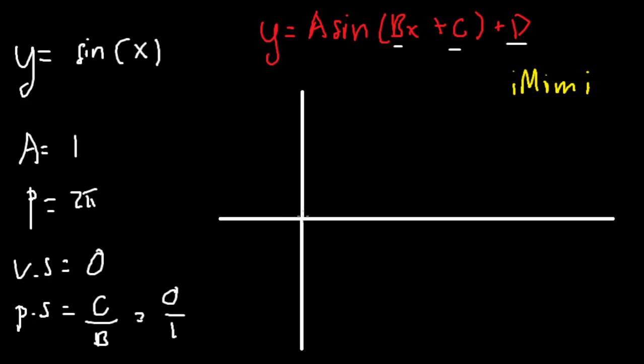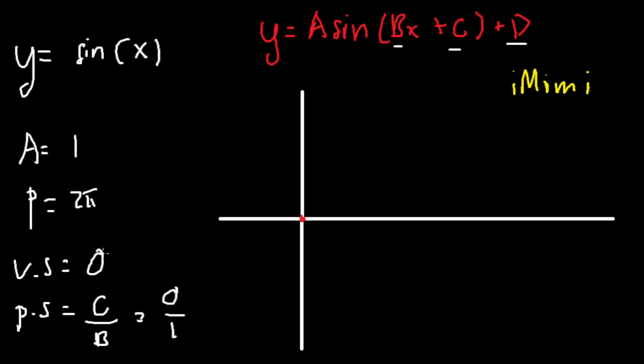So, what are the maximum and minimum? Basically, ito yung pinakamataas or ito yung pinakamababang point sa graph. So, in order for us to get the maximum and minimum, we need to look first at the vertical shift and the amplitude of the function.